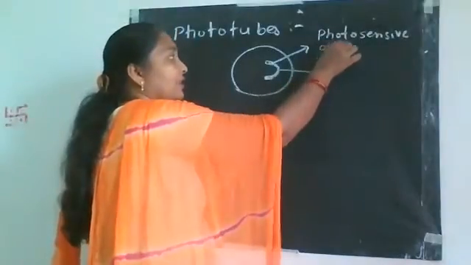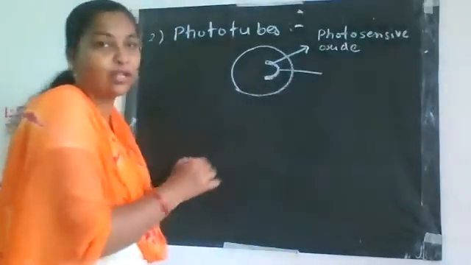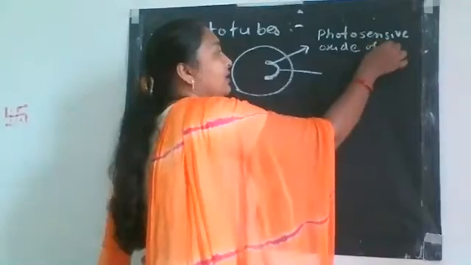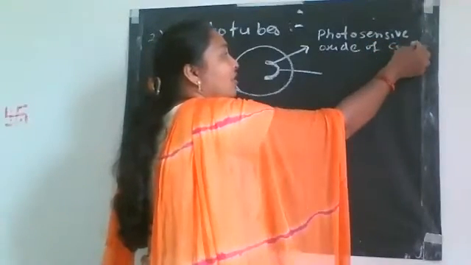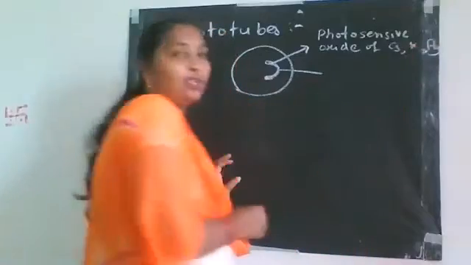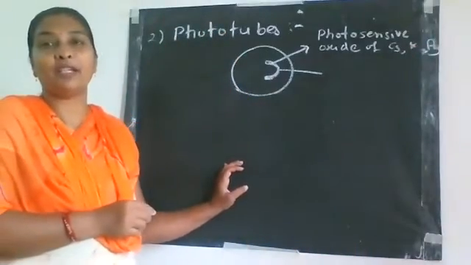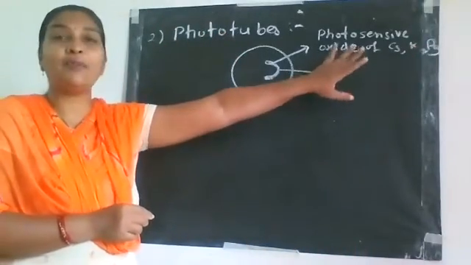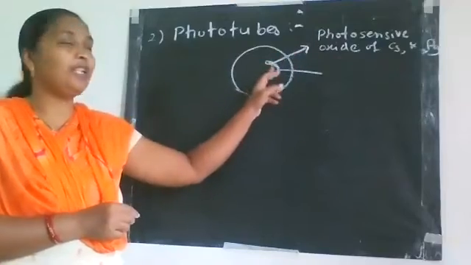What oxide? Oxide of either cesium, or potassium, or silver, Ag. So light sensitive material like oxides of cesium, potassium, or silver is coated on the inner side of the cathode.